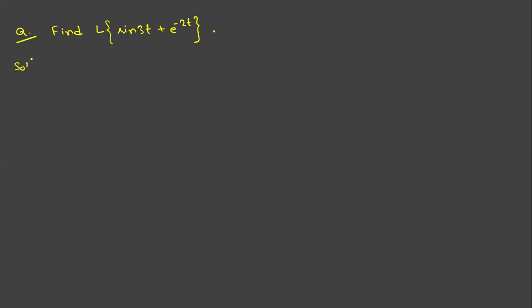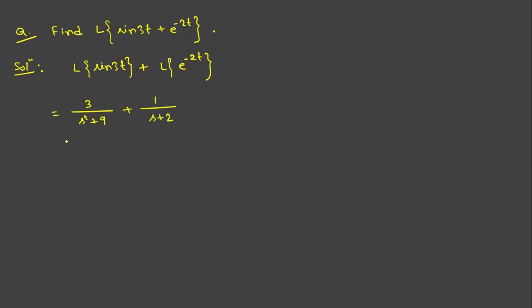Very simple. Laplace always satisfies the linear property, so you can break this: Laplace of sin 3t plus Laplace of e^(-2t). What is Laplace of sin 3t? You know the formula, Laplace of sin at equals a/(s²+a²). So this will be 3/(s²+3²), that means 9, plus Laplace of e^(-2t). Obviously this has a negative sign, so that will be 1/(s+a), that means 1/(s+2).